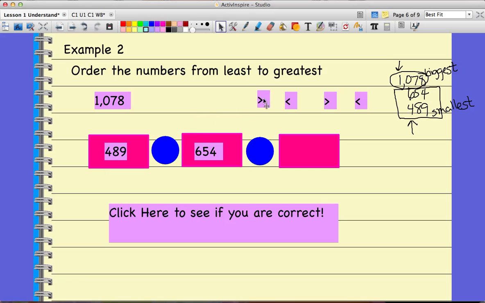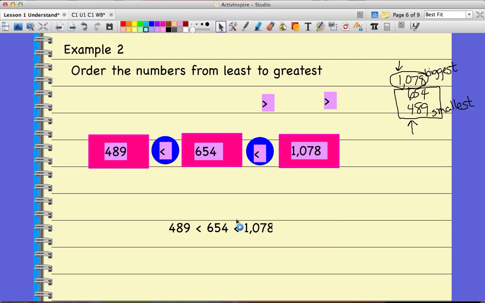That's incorrect. I need to use the less than symbol. So this tells me that 489 is less than 654, which is also less than 1078. We take a look and check, and our answer is correct.